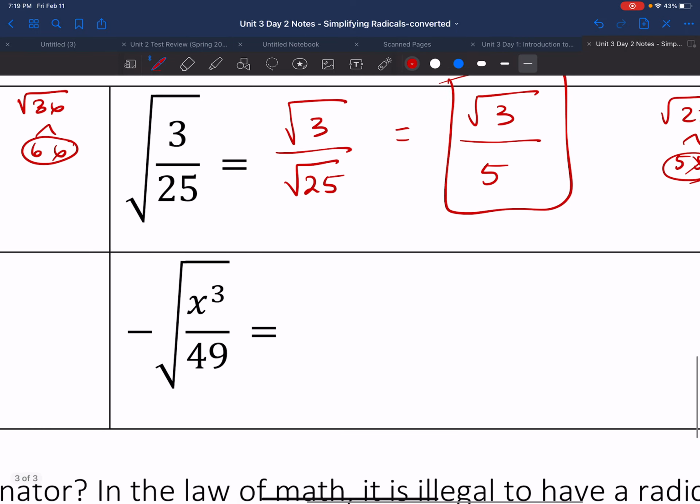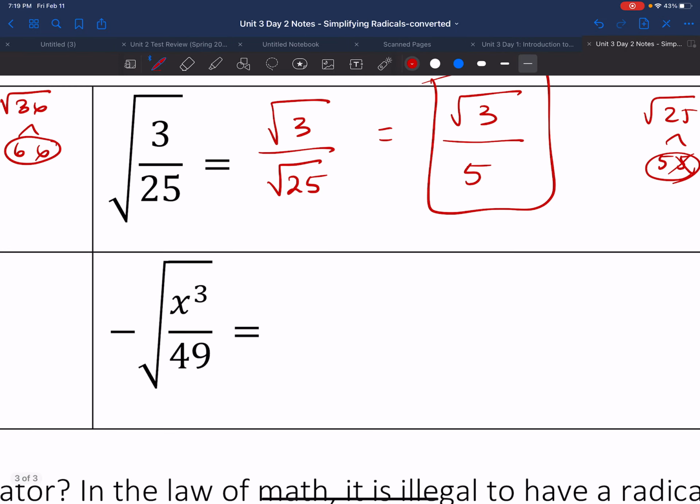Okay, here we go. We have negative square root of x cubed over 49. So this can be rewritten as negative times the square root of x cubed, all over the square root of 49.